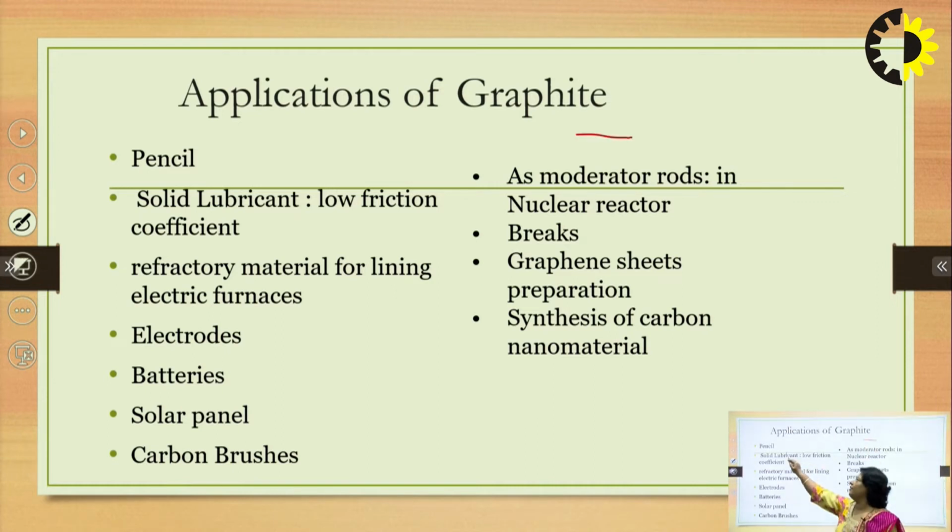The first one which we very commonly use is the pencil. It is a solid lubricant because of its low coefficient of friction, and a refractory material for the lining of electric furnaces. It can be used as electrodes because it is conducting in nature and non-metallic, which makes graphite very usable for electrodes.